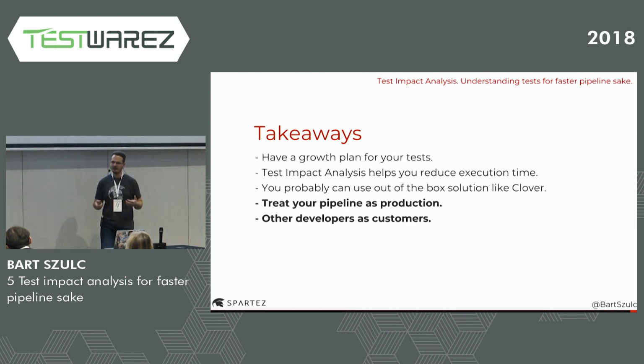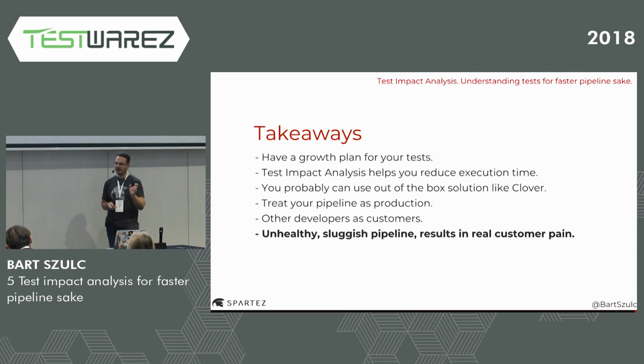But if you change how much time it takes to run automated tests, maybe you will also change people's minds, and what they think about automation. But the other thing is that your pipeline is a part of production in CI/CD. If you work in continuous deployment, every single change will go through that pipeline. So if there is something that is taking a lot of time, for instance, test execution, this basically translates into real customer pain.